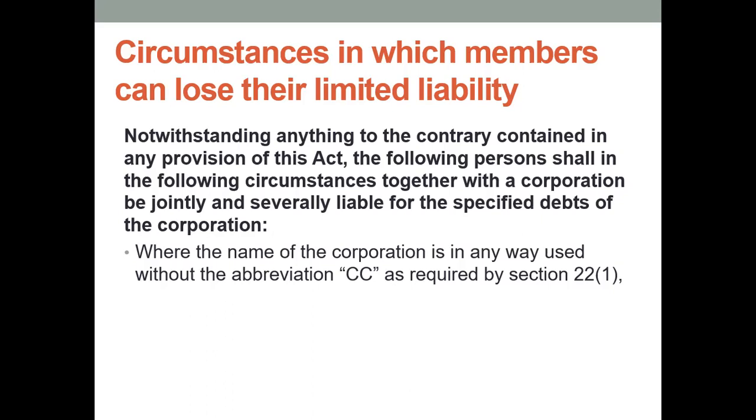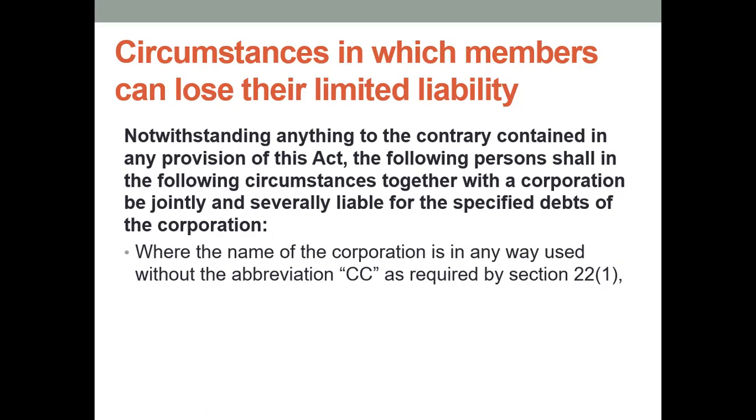So how can members now lose their limited liabilities? Notwithstanding anything to the contrary contained in any provisions of this act, the following persons shall, in the following circumstances, together with a corporation, be jointly and severally liable for the specified debts of the corporation. This is where the name of the corporation is in any way used without the abbreviation CC.